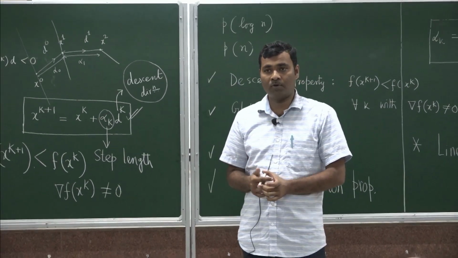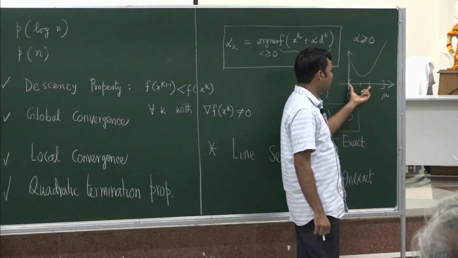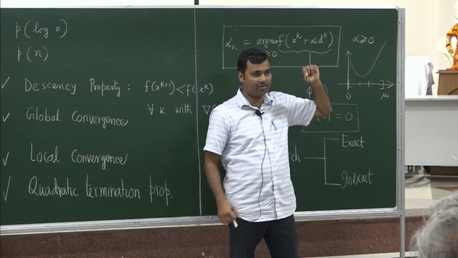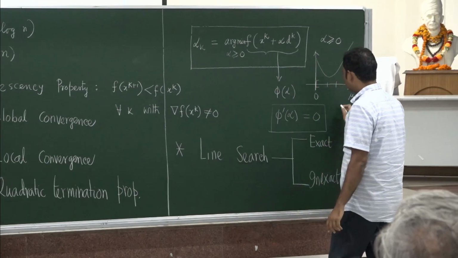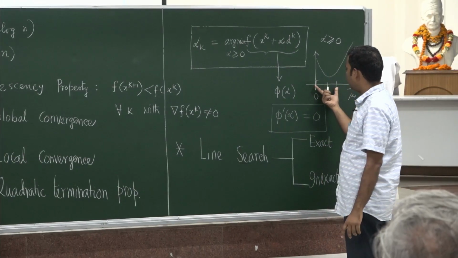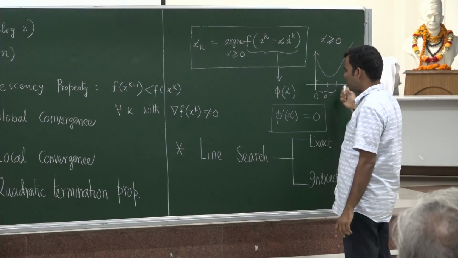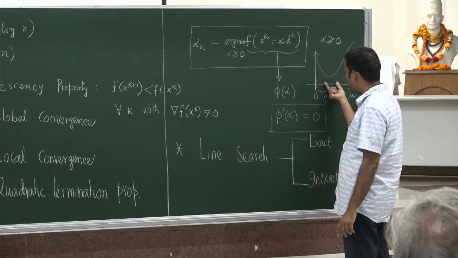It is due to the following: when I am reducing this interval to a smaller one containing the minimizer, the reduction factor after the kth step will be this. If we multiply the reduction factors, let's suppose at the first iteration I am reducing by some rho 1 of the original length. In the second iteration again I will reduce a bit.